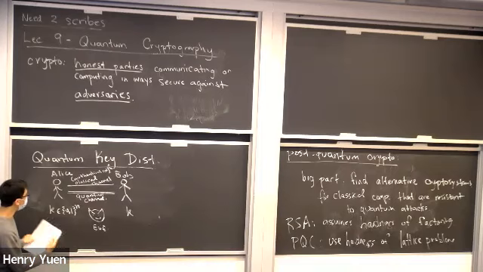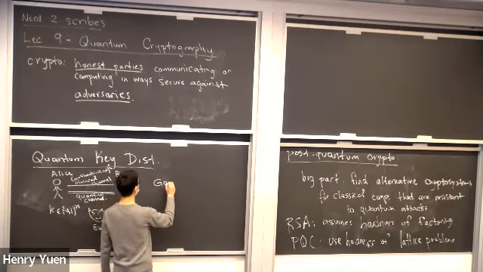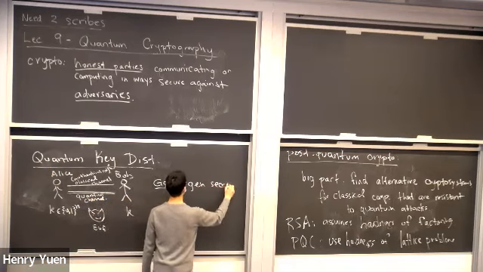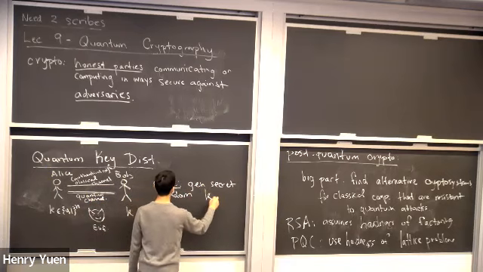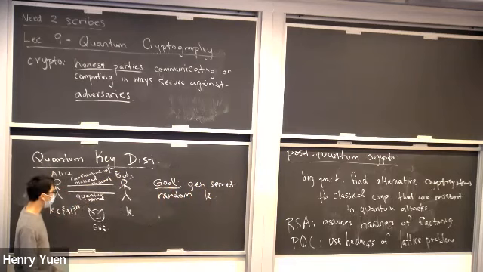Once they have this, then they can do all sorts of nice crypto, like send secret messages, things like that. Okay, so that's the goal. And it's secure against the adversary because the adversary has no information.